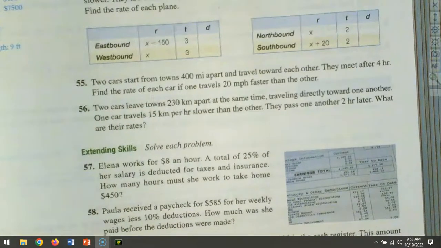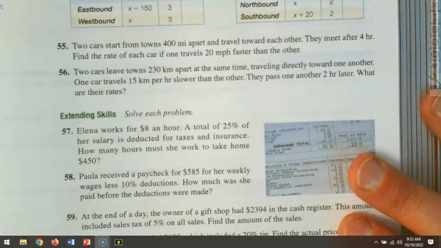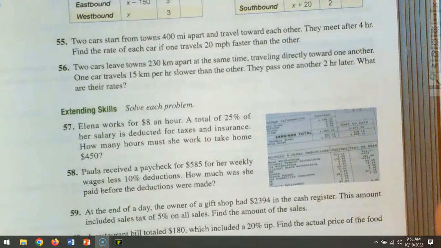Okay, this is a percentage question, and we need to make sure we know how to deal with these percentage questions. Paula received a paycheck for $585 for her weekly wages, less a 10% deduction. How much was she paid before the deduction?